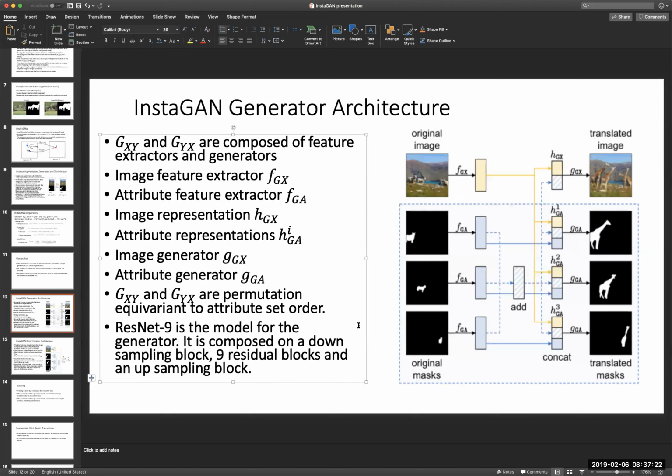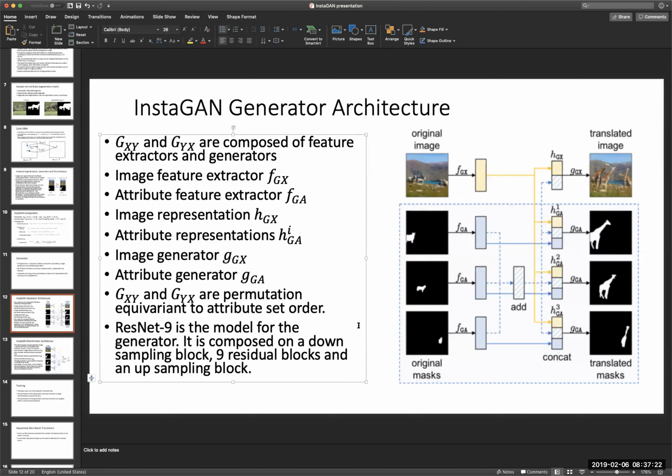We'll also see that InstaGAN can control the instances to generate by conditioning the input segmentation masks. So you have the freedom to change the input segmentation mask and get good results. And InstaGAN will also work using predicted segmentation.